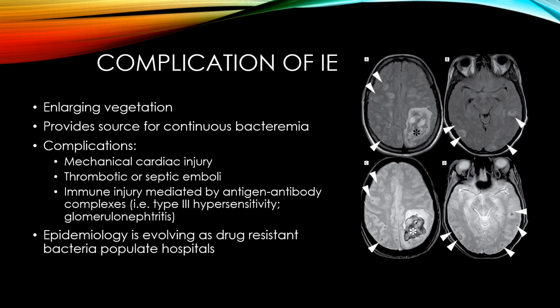And one of the most common findings of that is glomerulonephritis, which can ultimately lead to kidney failure in these patients. And my last bullet point there, epidemiology is evolving because more and more bacteria are actually becoming drug resistant in a lot of these hospitals, making this quite a challenging infection to try to treat.